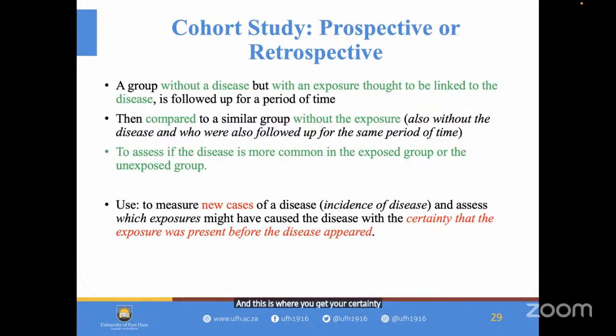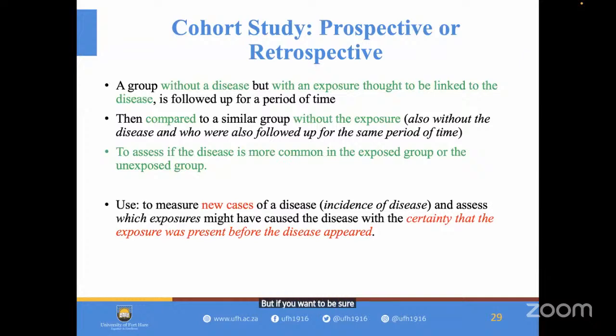Unlike your case control, unlike your cross-sectional, you're able to determine that A causes B. In our language, we call it, you're able to determine causality. In other study designs, such as the case control and the cross-sectional study design, you're talking about mere association. A can be associated with B, B can be associated with A. Nutrition can be associated with obesity, obesity can be associated with nutrition.